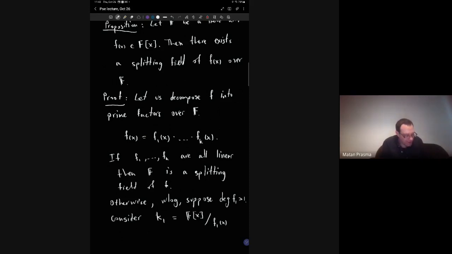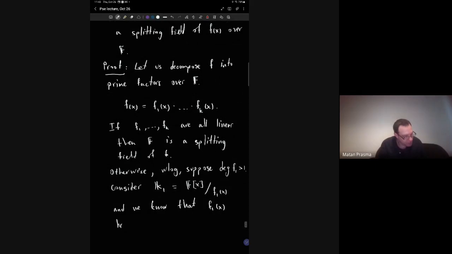And in this K1, we know that f1(x) has a root in K1. Let's call it alpha.